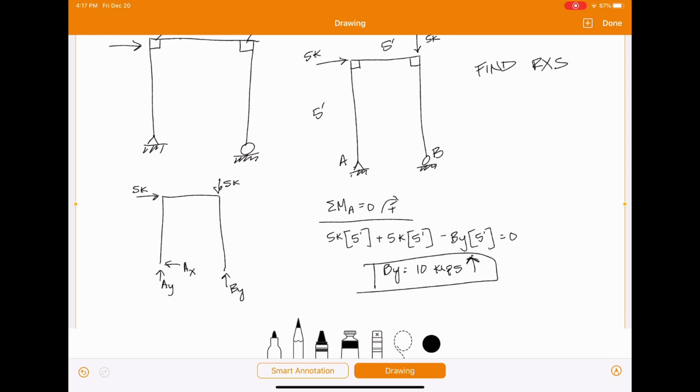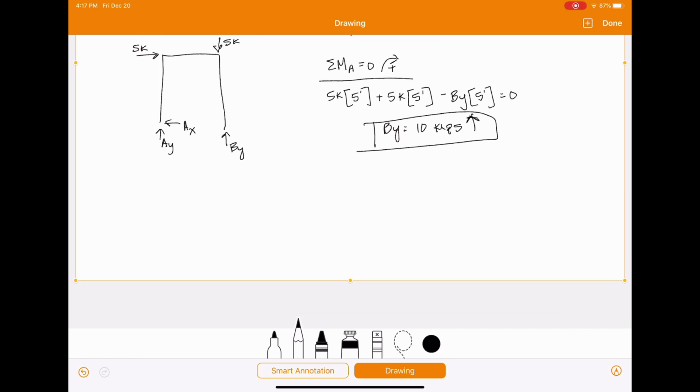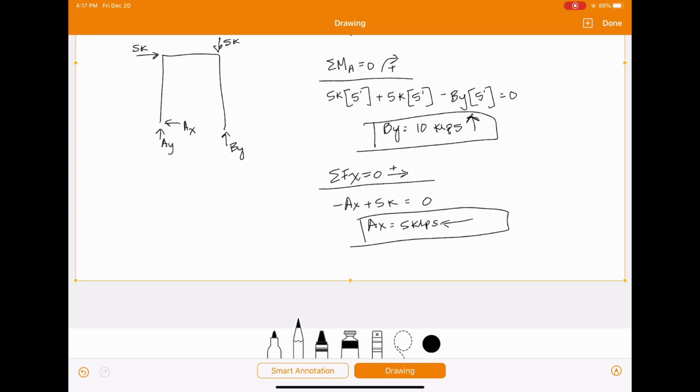All right, so that would be one reaction. Now if we take a sum of forces X equals 0, we're going to get minus AX plus 5 kips equals 0. So AX equals 5 kips going in the left direction. And then finally, our sum of forces Y equals 0. We're going to get AY minus 5 kips plus BY equals 0.